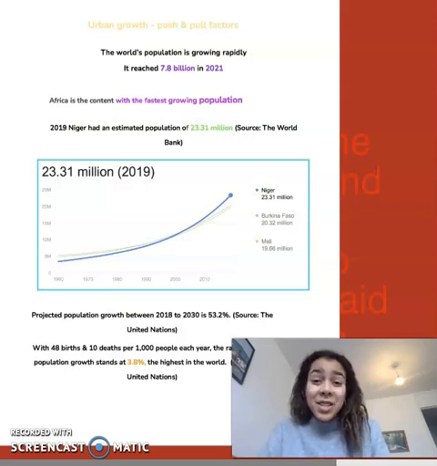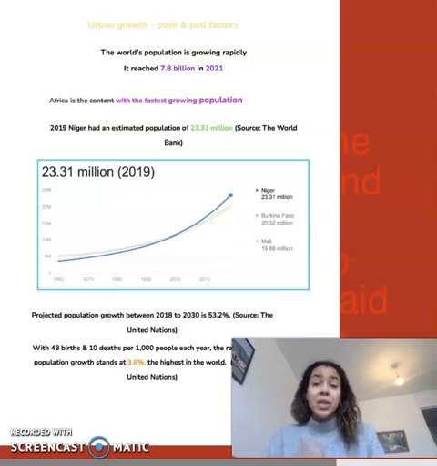The world's population is currently a whopping 7.8 billion. And within the world, Africa is the continent with the fastest growing population. So, madly, more than half of global population growth between now and 2050 is expected to occur in Africa. Here, we can see a graph of population growth in Niger.